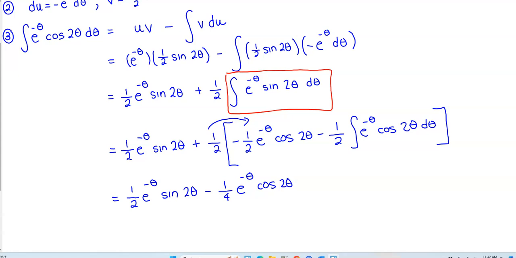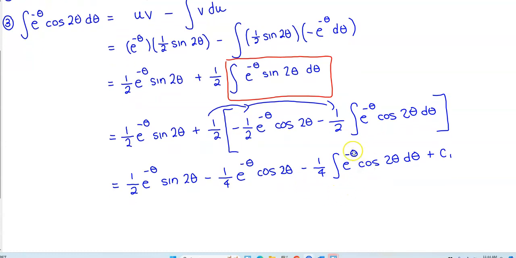And 1/2 times negative 1/2 is going to give us negative 1/4 times the integral of e to the negative theta times the cosine of 2 theta d theta. So now, because we did the integration by parts for the first time, then we have plus c1.